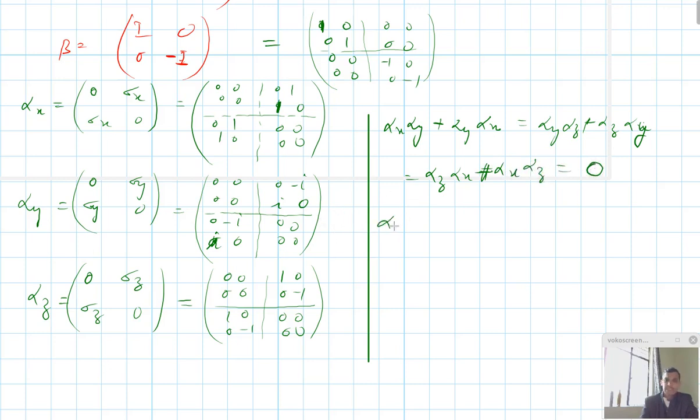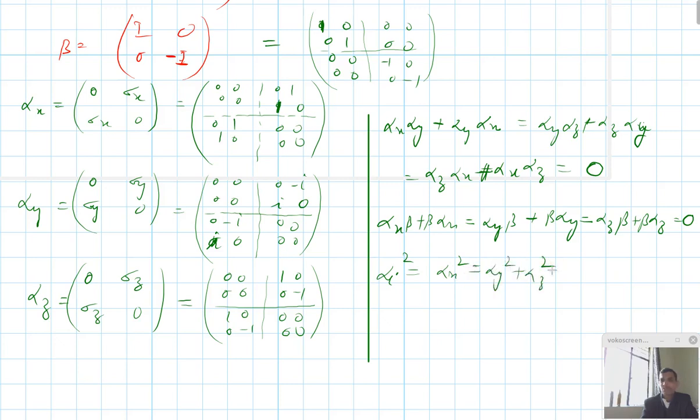If we use these values, we can prove this result, and we can also prove alpha x beta plus beta alpha x is equal to alpha y beta plus beta alpha y is equal to alpha z beta plus beta alpha z, and it is equal to 0. And we can also prove that alpha x square is equal to alpha y square, alpha z square, and beta square, and it comes out to be unity, the identity matrix.